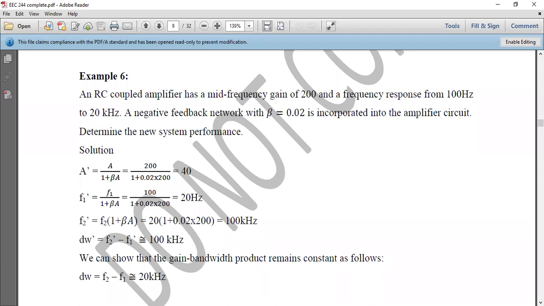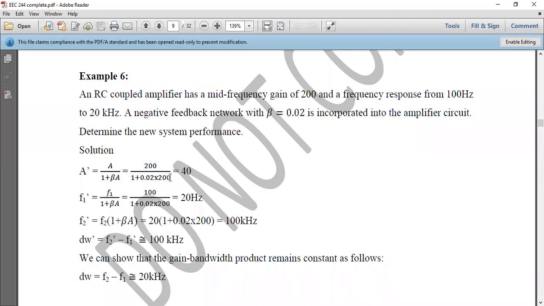A prime, that is the gain of the amplifier after negative feedback, equals A divided by 1 plus beta A, and that is 200 divided by 1 plus 0.02 times 200. Looking at the question, we are told that the gain of the amplifier without feedback is 200, the frequency response is 100 Hz to 20 kilohertz, that is lower frequency and upper frequency, and the feedback factor beta is equal to 0.02.